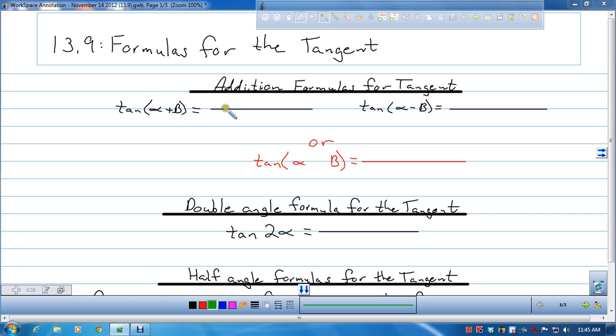If we are adding those angles, it is going to go like this. It is going to go like the tangent of alpha, our first angle, plus the tangent of beta over 1 minus the tangent of alpha times the tangent of beta, or the first angle and the second angle.